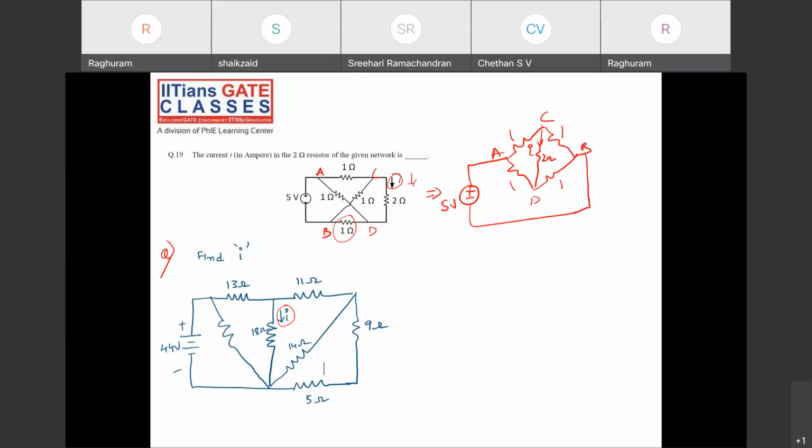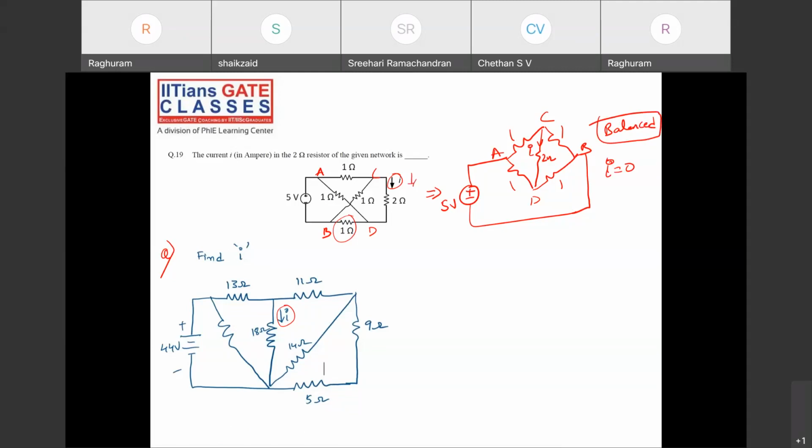Is this bridge balanced? Yes. 1 by 1 is equal to 1, balanced bridge. So what happens under balanced bridge condition? No current flows through the central limb. So I is 0 straight away. Okay, I is 0.